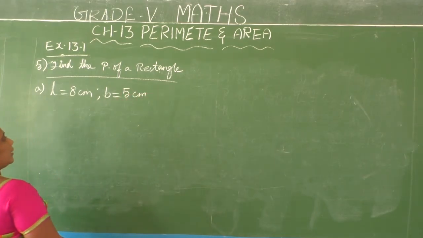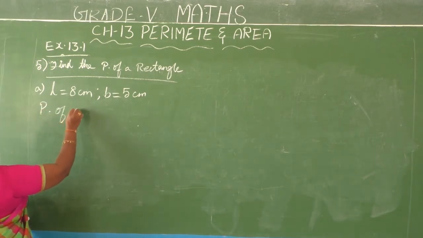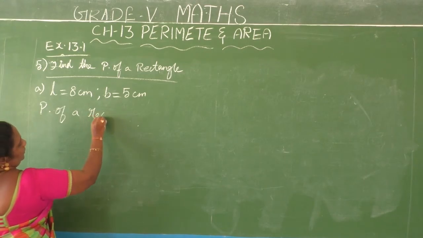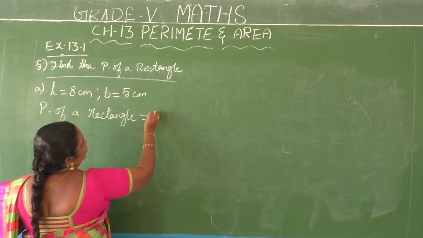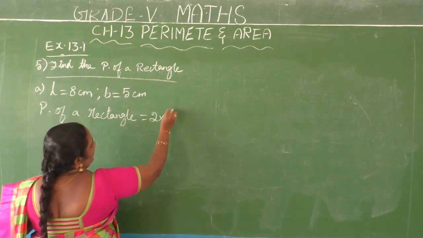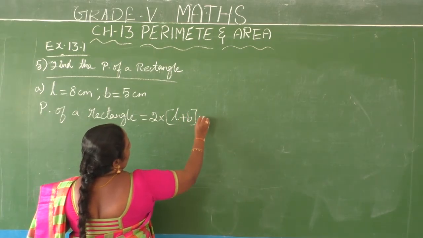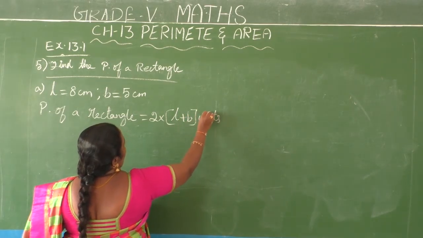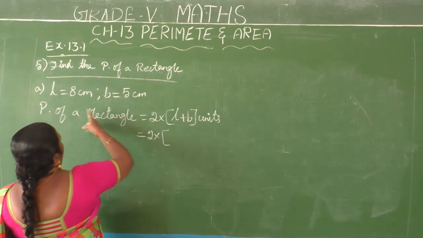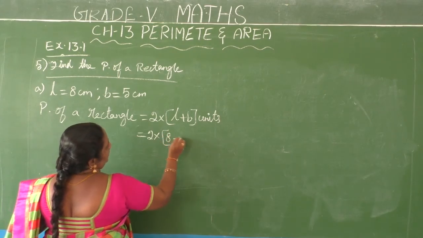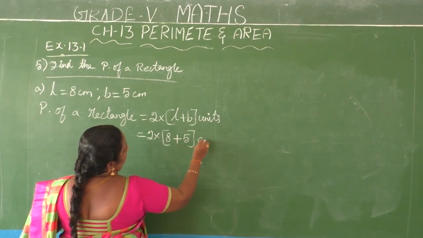What is the formula to find out the perimeter of a rectangle? Perimeter of a rectangle equal to 2 into L plus B units. So 2 into length they gave 8 centimeter plus breadth they gave 5 centimeter.